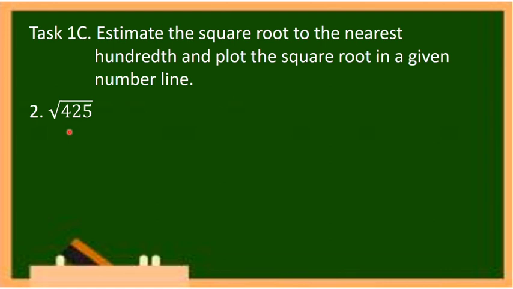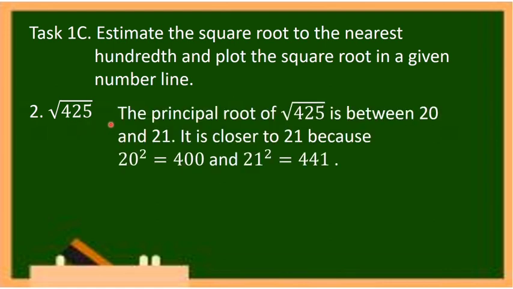Now, let us have example number 2. We are given the square root of 425. The principal root of the square root of 425 is between 20 and 21. It is closer to 21 because when we get the square of 20, or 20 times 20, it is equal to 400.